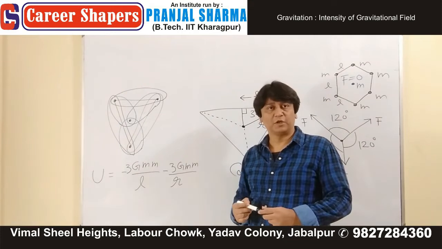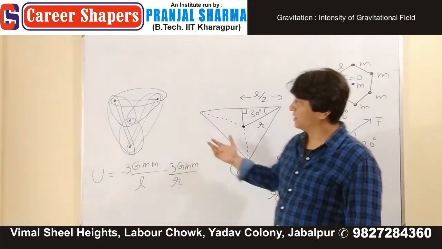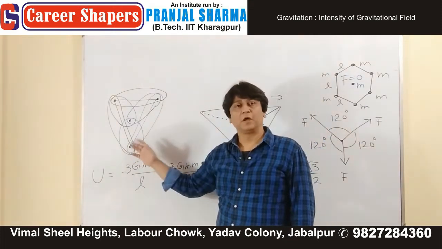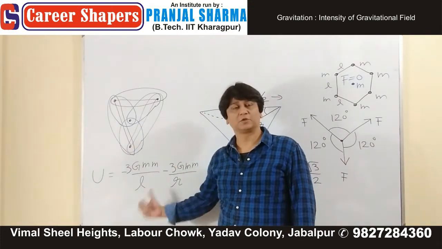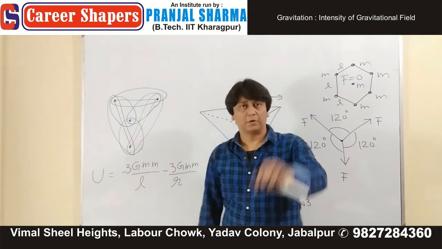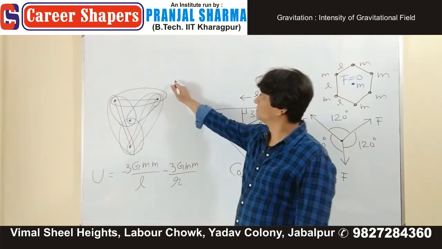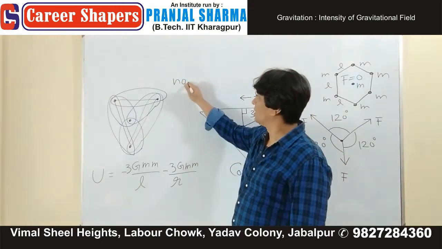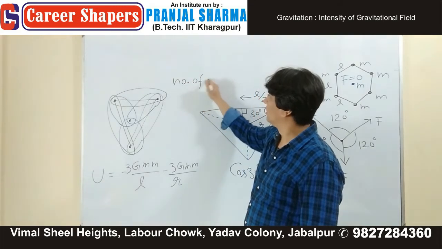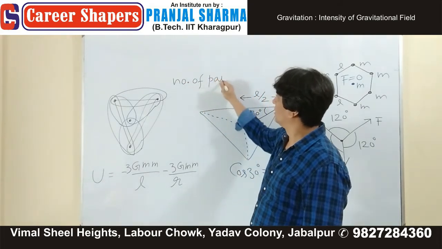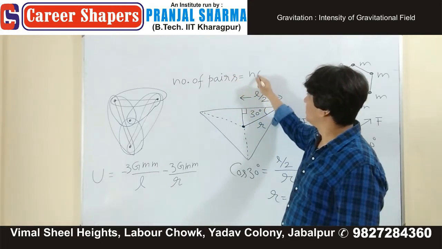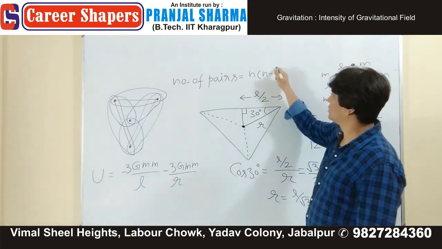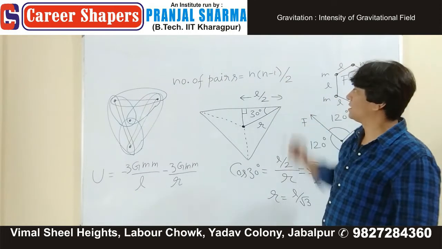So the question is just to find number of pairs. If you can find all the pairs, then you can answer this question. You can always remember this. Number of pairs will be n into n minus 1 whole divided by 2.